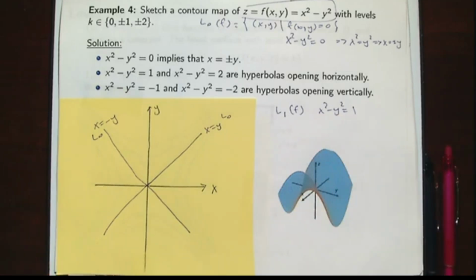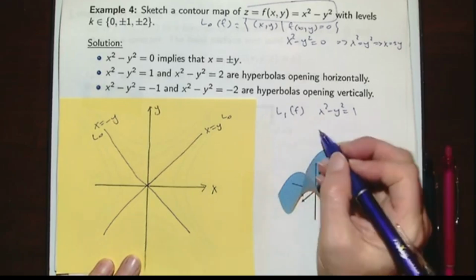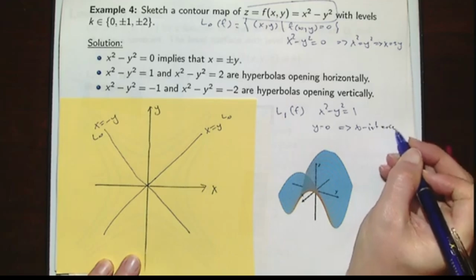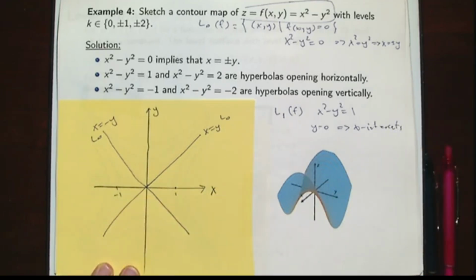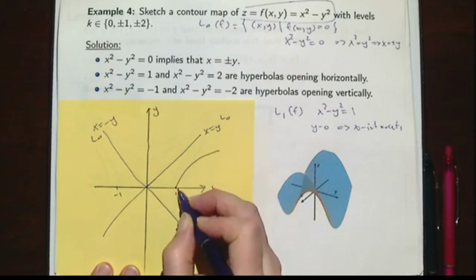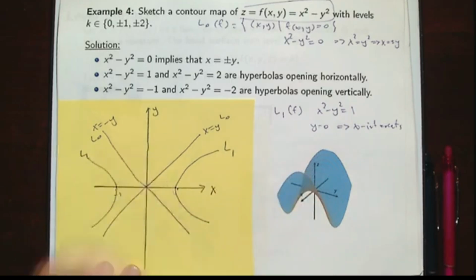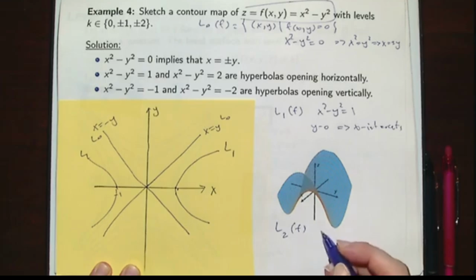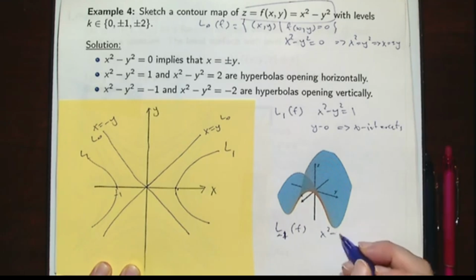I can't put x equal to 0, so I don't have a y-intercept. X-intercepts are 1 and negative 1. Everybody agrees? So it looks like that. These two are L1. Now, what about L negative 1 of f?